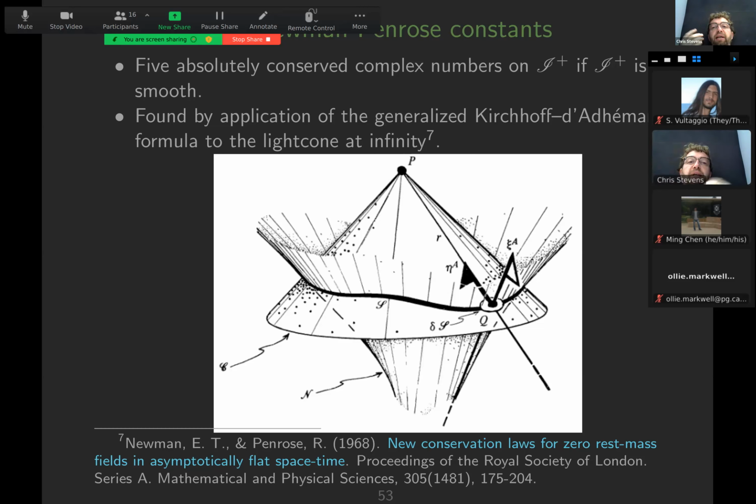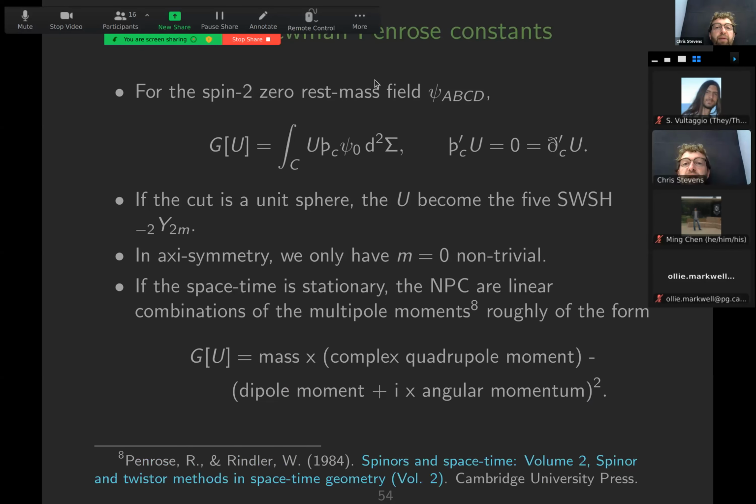You do a particular integral around that sphere, namely something that looks like that, which might be a bit scary, but that's what it is. You do an integral of this thing, and you find that that is completely conserved, independent of which cut you take of Scribe plus. You do this integral, you're going to get the same.